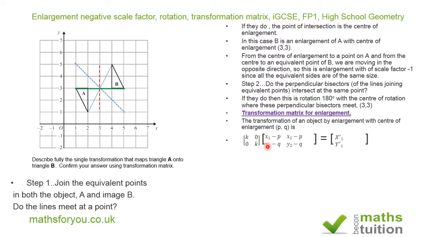So if we pick any point on the object, say the point x1, y1, we then subtract from x1 the value of P, which is the x value at the center of enlargement, and subtract Q from y1, which is the y coordinate at the center of enlargement there.